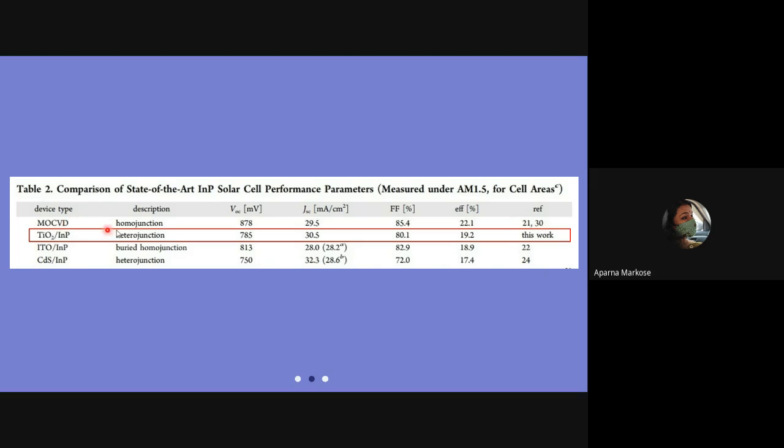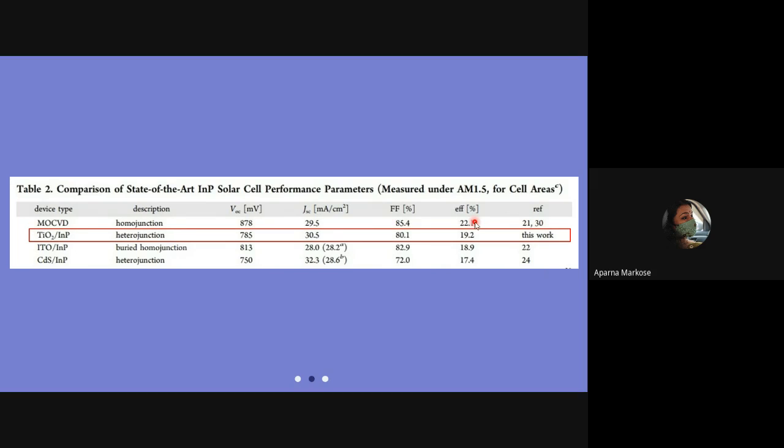Its speciality is that it is a homojunction solar cell, with the same material. You use indium phosphide and make it n type by some doping, and the same indium phosphide you make p type also. So there will be a pn junction, and that kind of cell is a homojunction cell.